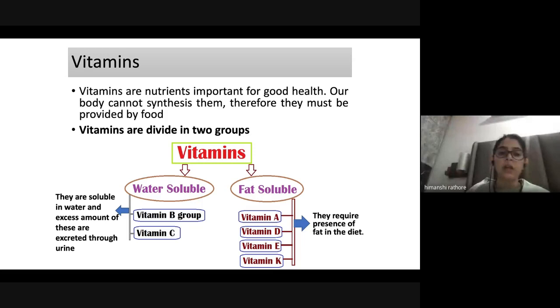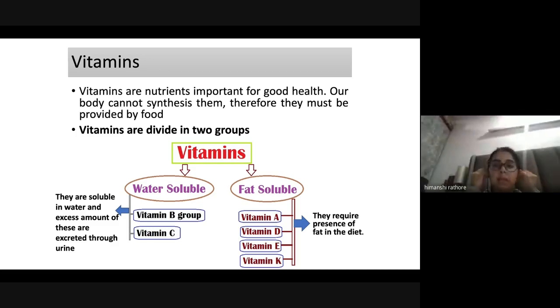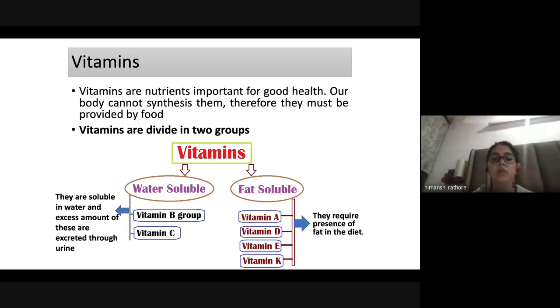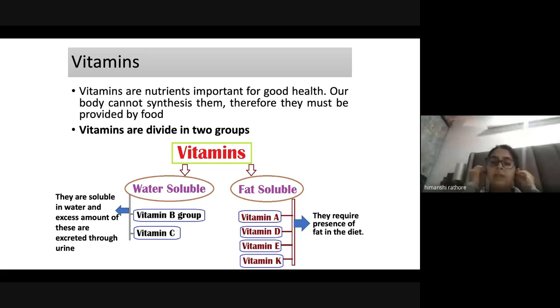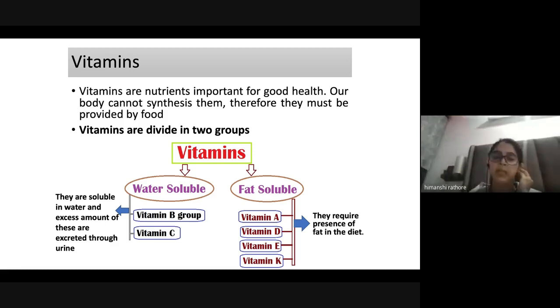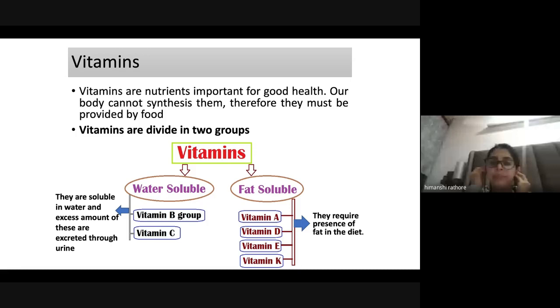Water soluble vitamins are the vitamin B group, under which B1, B2, B3, B6, B12 all come, and the second water soluble vitamin is vitamin C. And as I discussed with you yesterday, we have four vitamins which come under the category of fat soluble, and they are vitamins A, D, E and K. Why are they fat soluble? Because for their absorption in our body, they require fat.